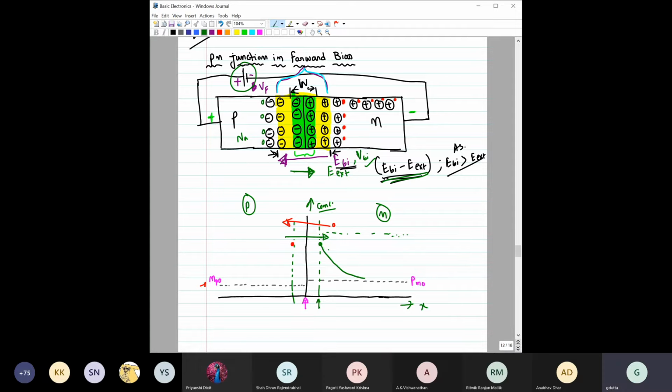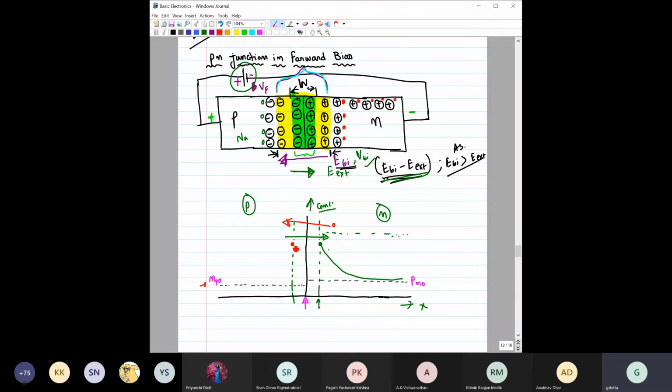So the hole concentration would be maximum at this depletion layer edge, and as we go inside this neutral N region, the hole concentration would gradually reduce in an exponential fashion, e to the power minus x, that fashion.